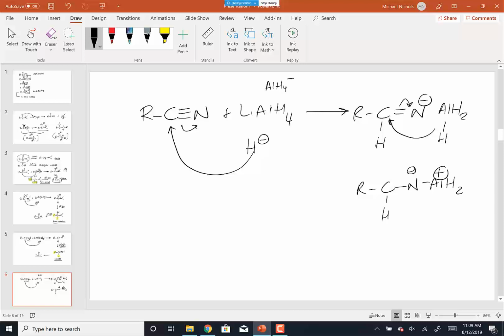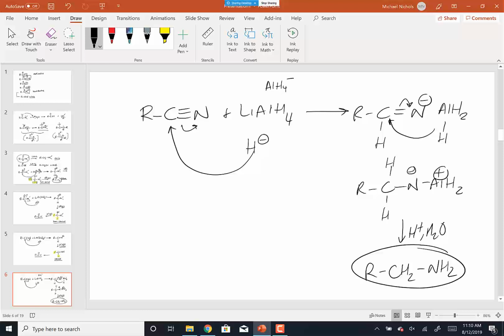Instead, we're just going to hang out until we add H plus H2O, and I'm going to end up now, let's see, I formed my second, so then I'm going to end up with a CH2 now with an NH2.